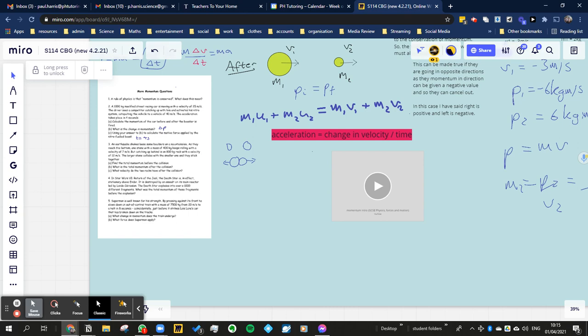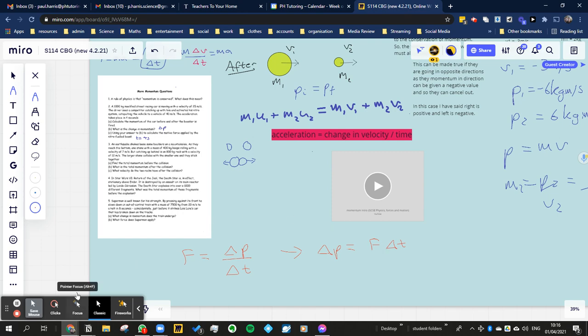We can rearrange it to be the change in momentum is equal to force times the change in time. Now that is basically what impulse is. So impulse is basically just the change in momentum, which is equal to the force times the change in time.